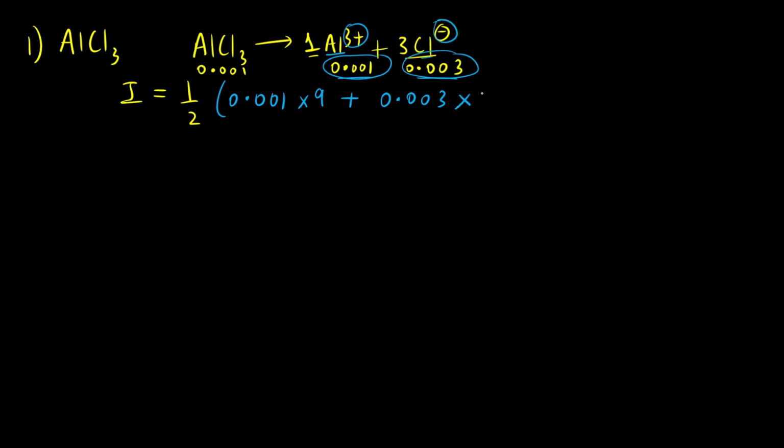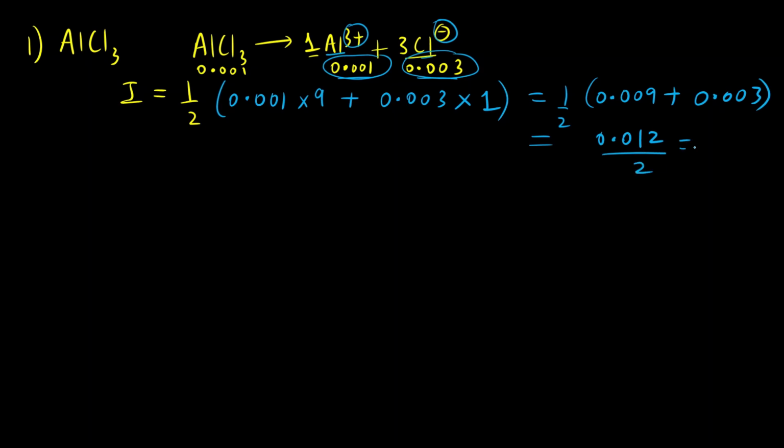Charge is minus 1, square is 1. Solving, 9 into 0.001 is 0.009, plus 0.003 into 1 is 0.003. 9 plus 3 is 12, so this is 0.012 divided by 2, that is 0.006.